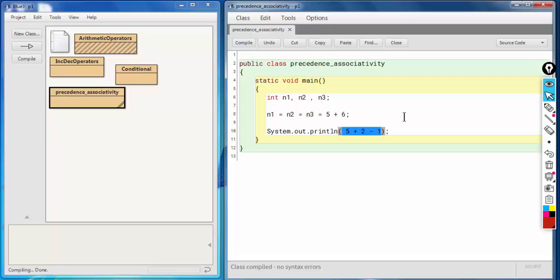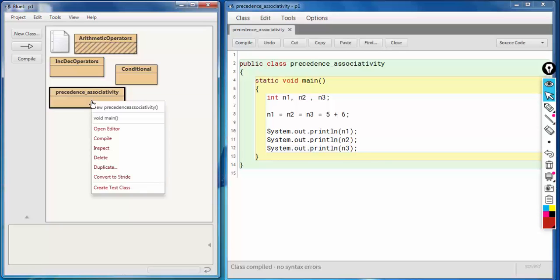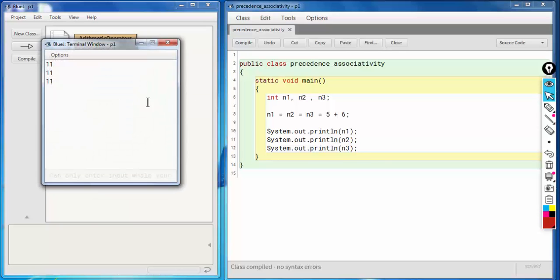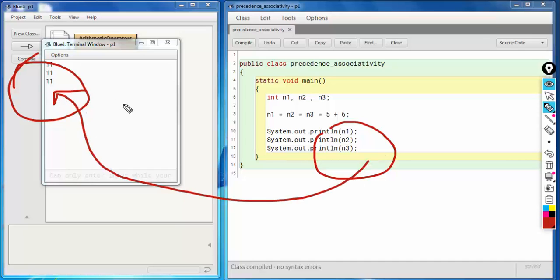Let's print the value of n1, n2 and n3. According to our theory, all these variables should be 11, and so it is. This is how n1, n2, n3 all got the same value.